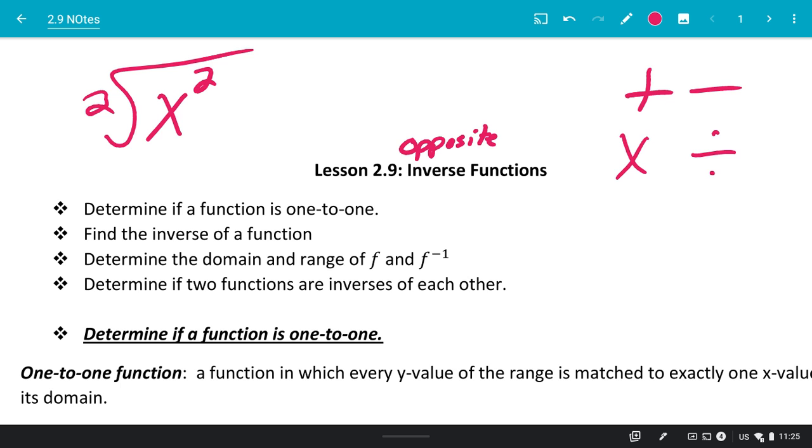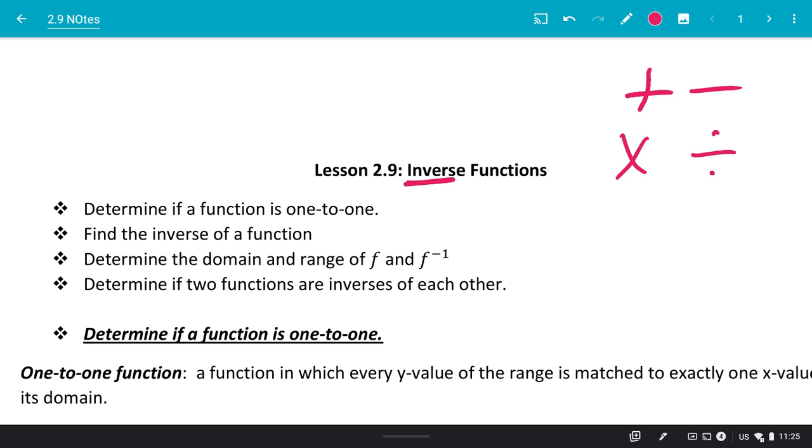Or division, yes. All right. Basically, what I want you to get right now is inverse functions are opposite functions, okay? They undo each other. Inverse operations or inverse functions undo something.